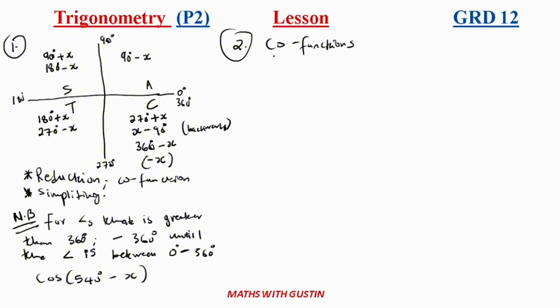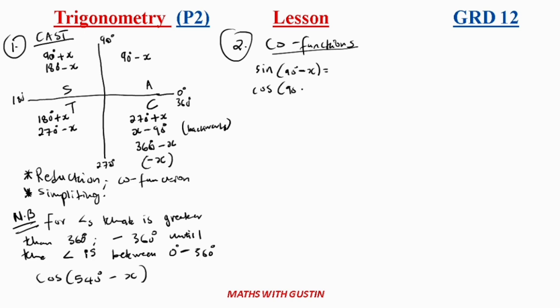All right, so cofunctions, this is what you need to know. That was CAST, and this is our cofunctions. On cofunctions, this is very important for you when you're doing reduction. So you need to know sine 90 minus x, it gives you how much. You need to know that. You need to know cos. I'm only writing the critical ones, guys.